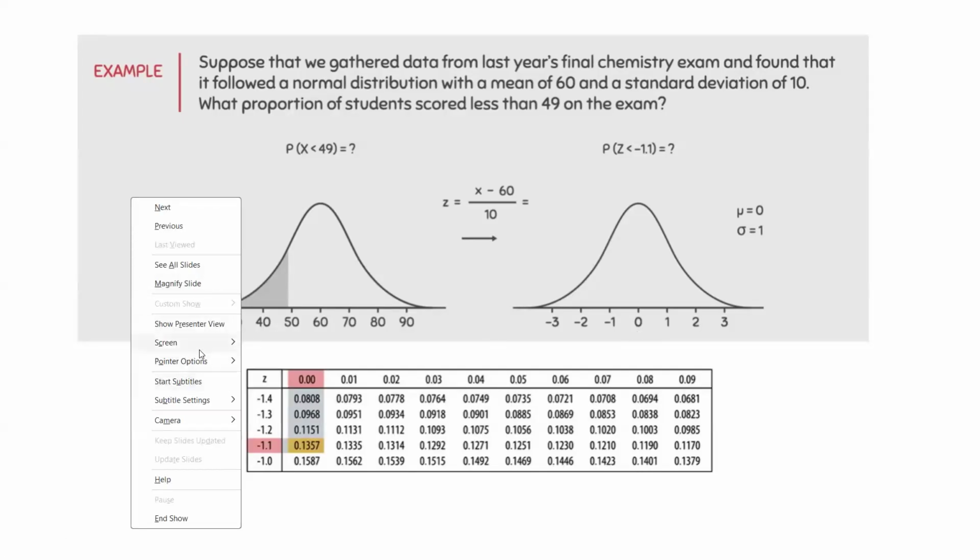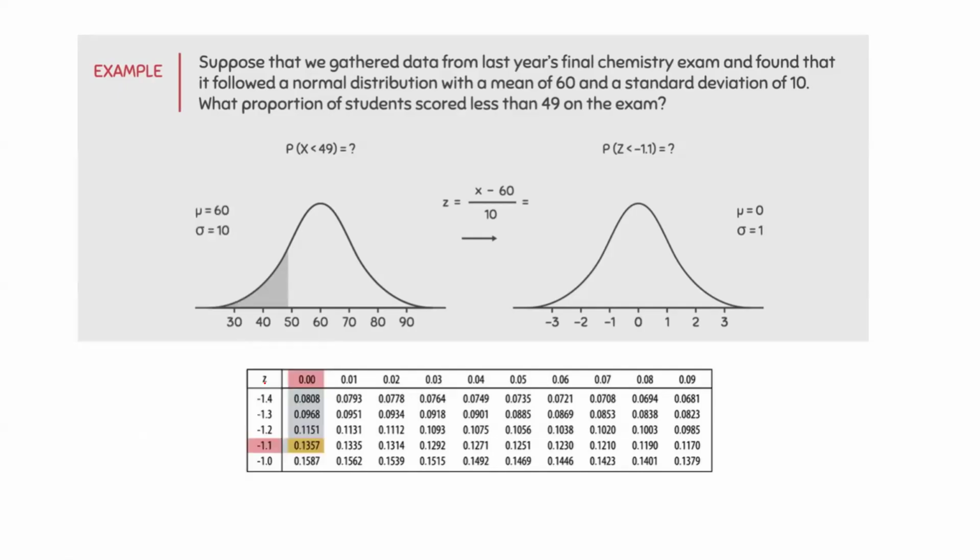Now, what I'm going to do here is take the value of 60 and apply it to the z-score. 60 minus 60 by 10 becomes 0. So 60 becomes 0.